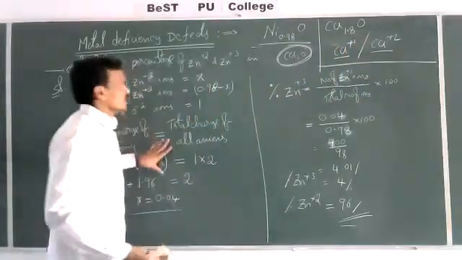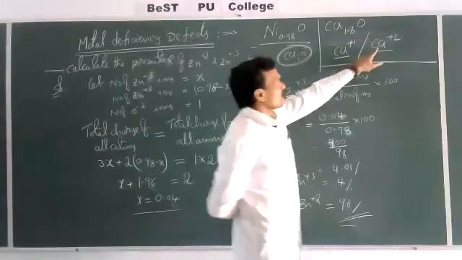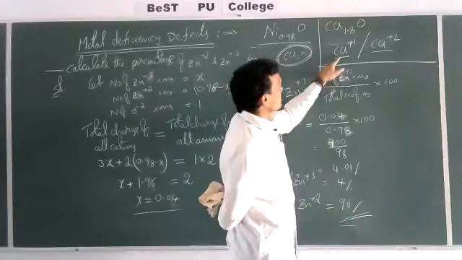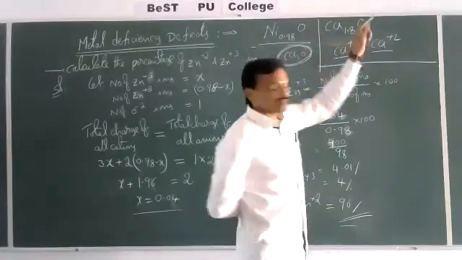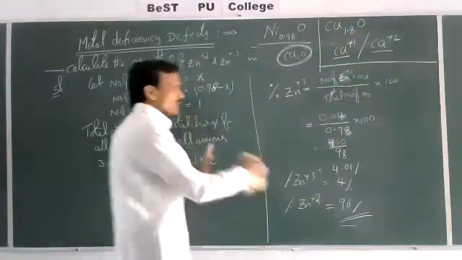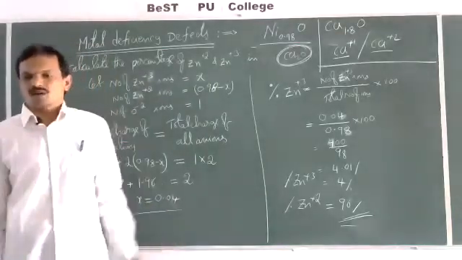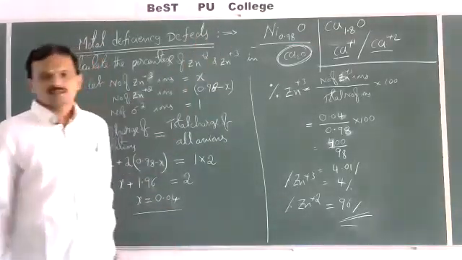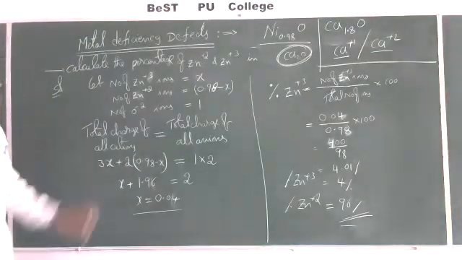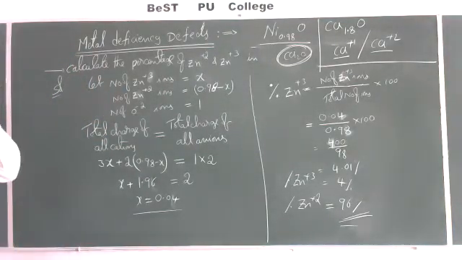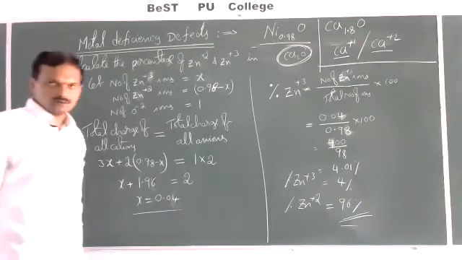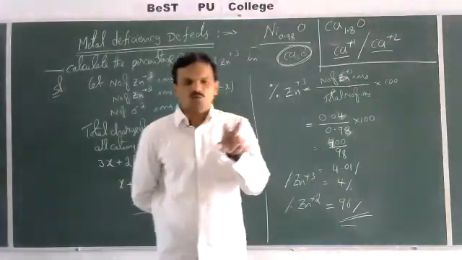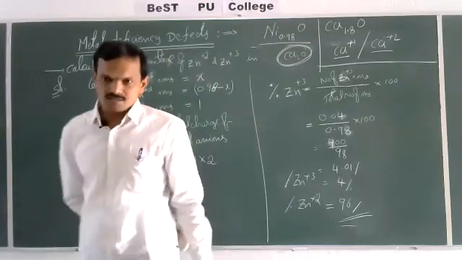Same, just like this only. Take the number of atoms of Cu plus 2 as X. Cu plus 1 will become 1.8 minus X, and just equalize the total charge of all cations and all anions. You can get the percentage of Cu plus 2 as well as Cu plus 1. In the same manner, if they give any non-stoichiometric compound, then it consists of a metal ion in two different oxidation states.